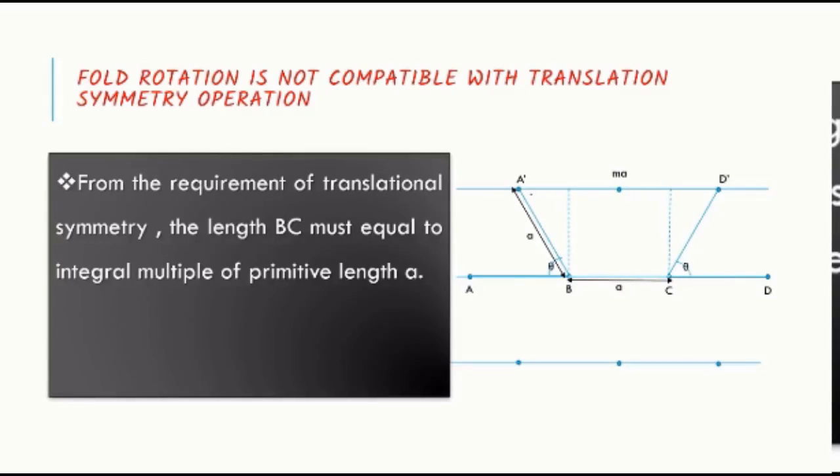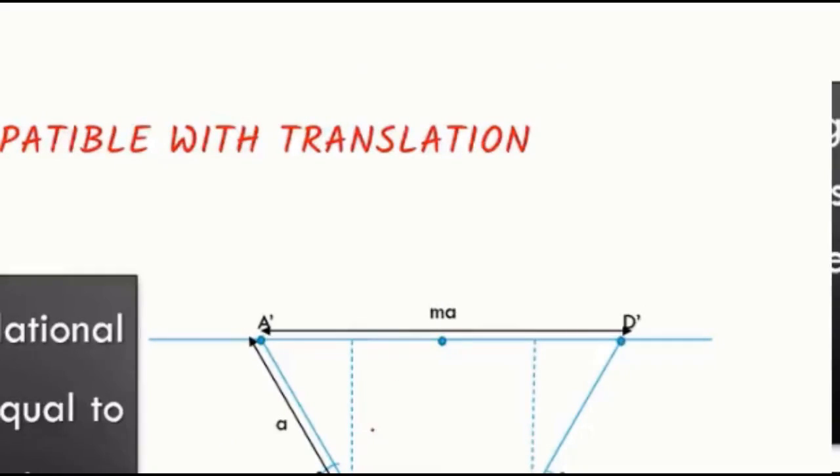And we can also say that line A prime D prime is along the same crystallographic direction as line BC. Along this crystallographic direction, the distance between any two points will be an integral multiple of repeat distance A. Therefore, length A prime D prime is an integral multiple of repeat distance A.